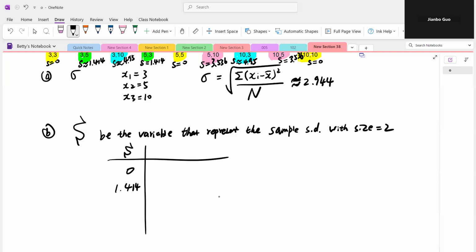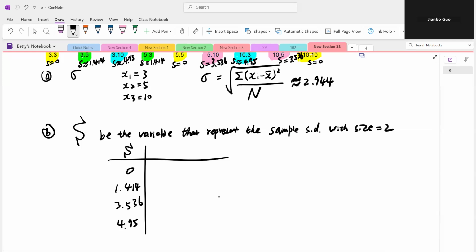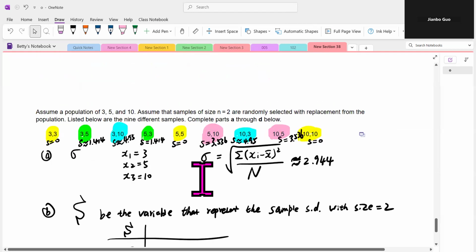It could also assume a value 3.536 for the 2 pinks, and also could assume value 4.95. So they are all the possible values for this random variable S.